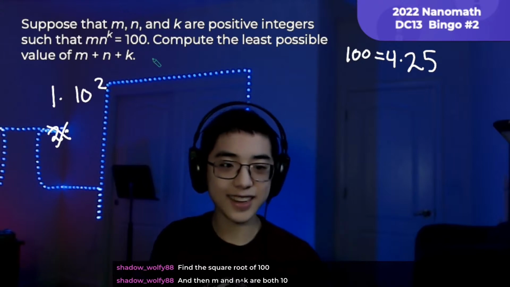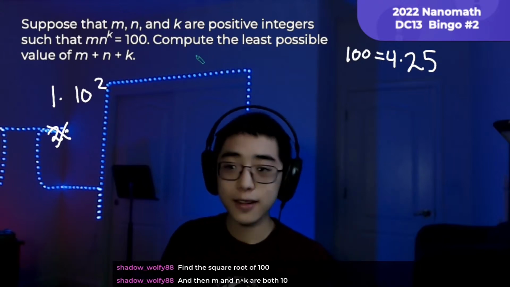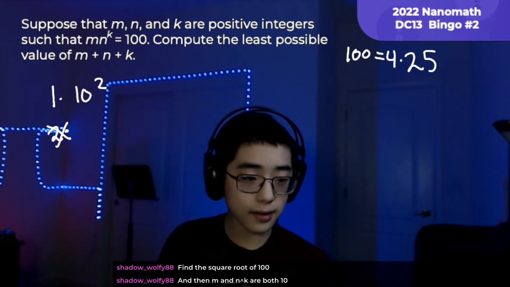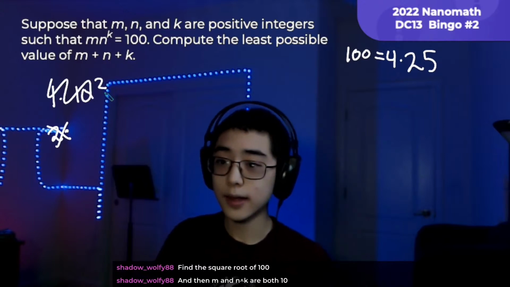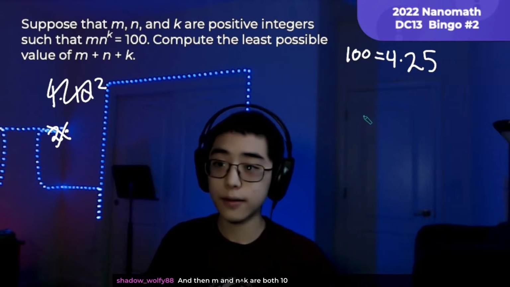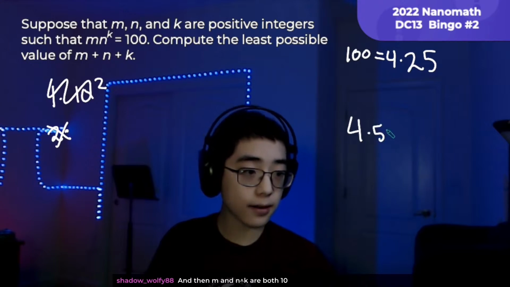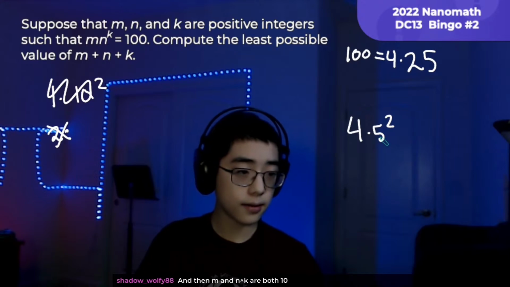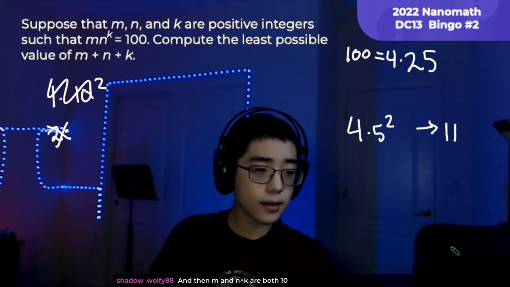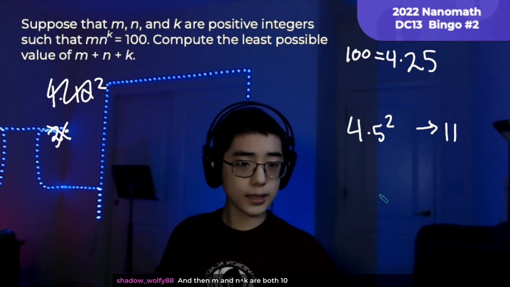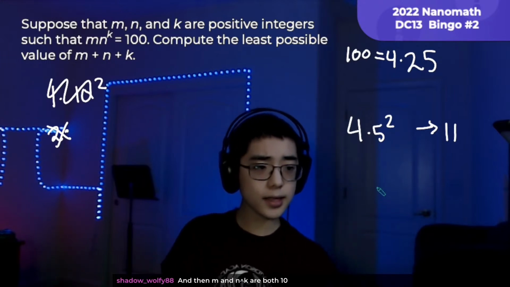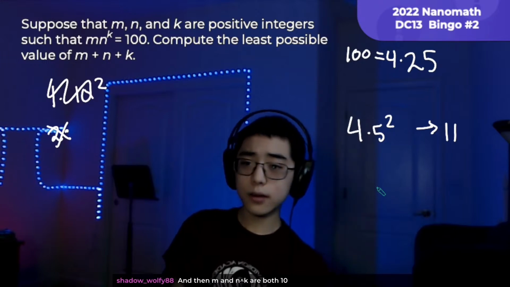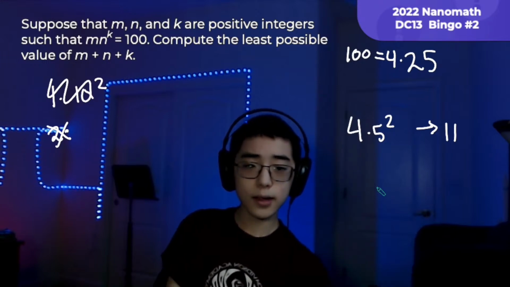So 4 times 5 squared is 100, and 4 plus 5 plus 2, the sum is 11. And let's see, would there be a way to make something smaller than this? I don't think so.